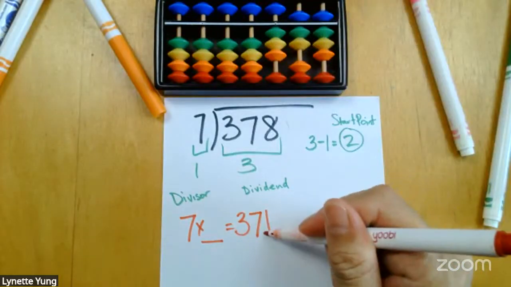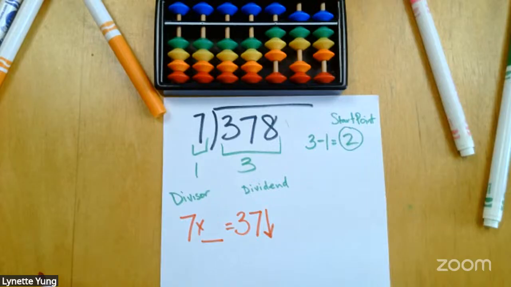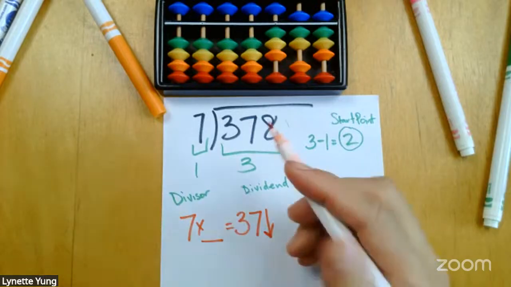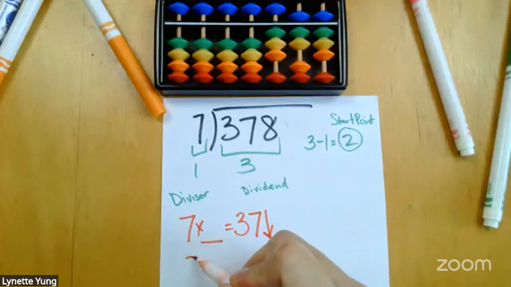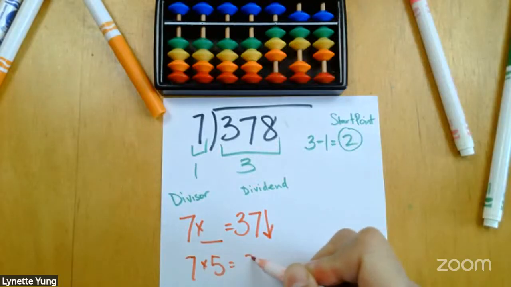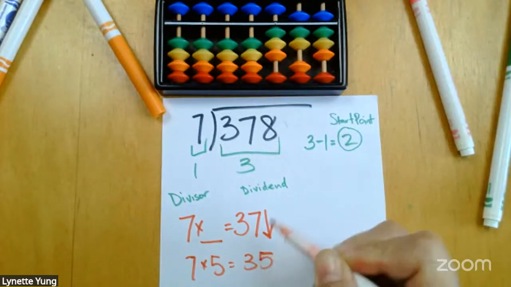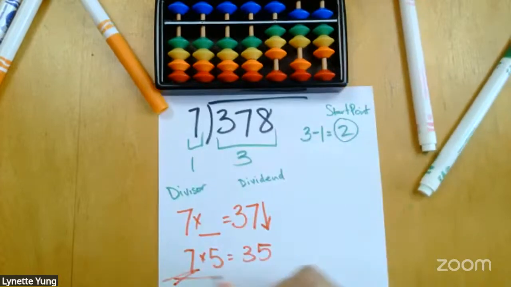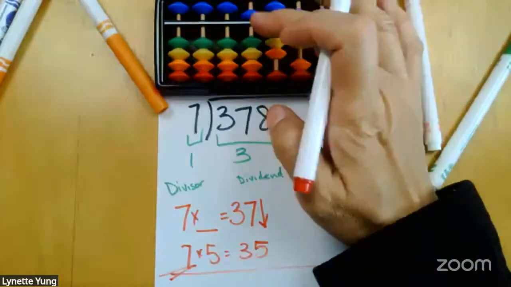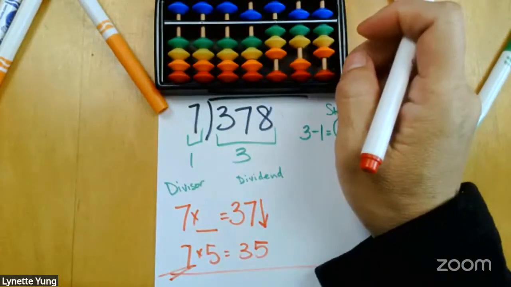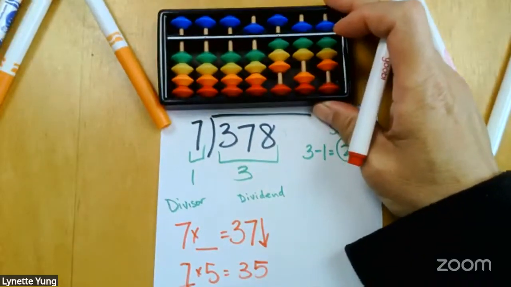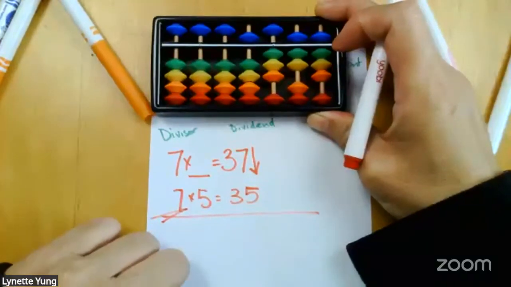We know that would be 5. So 7 times 5 is 35. Add the 5 first. Add the 5 to your quotient.